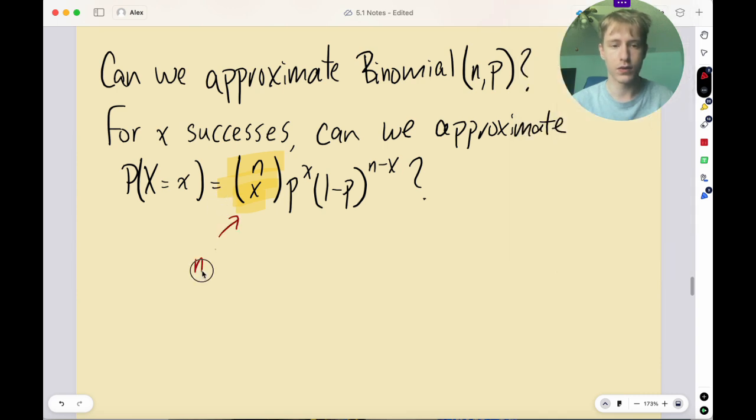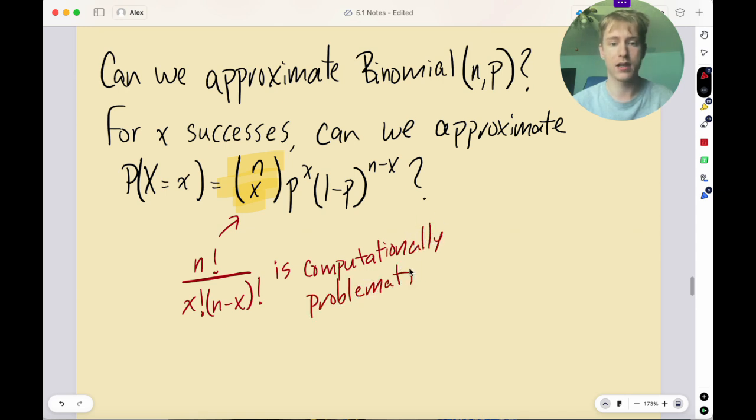So that is equal to n factorial divided by x factorial times n minus x factorial, which is computationally problematic.